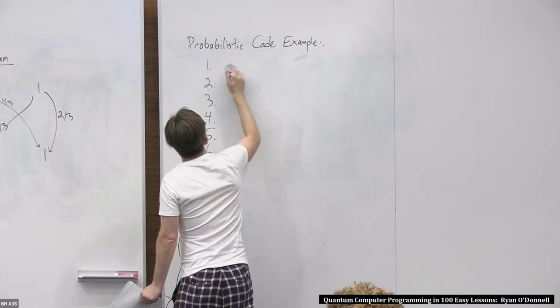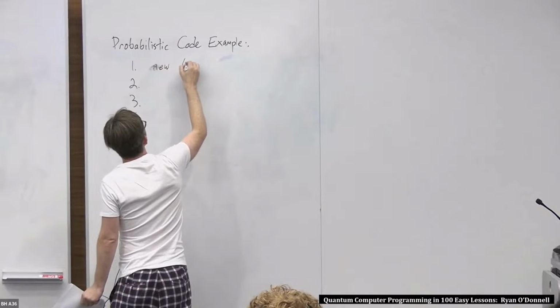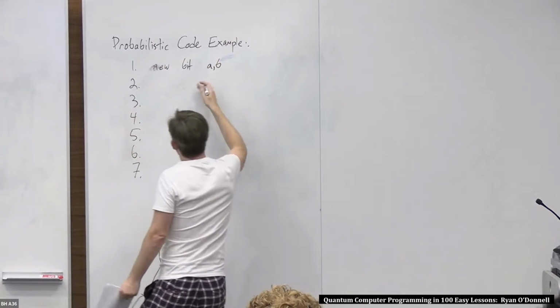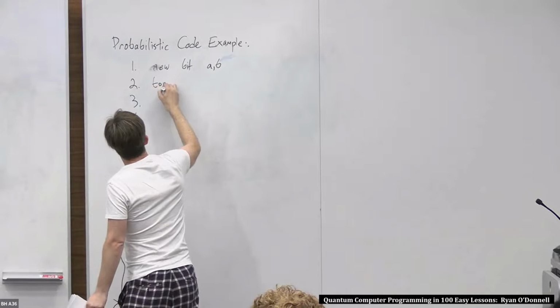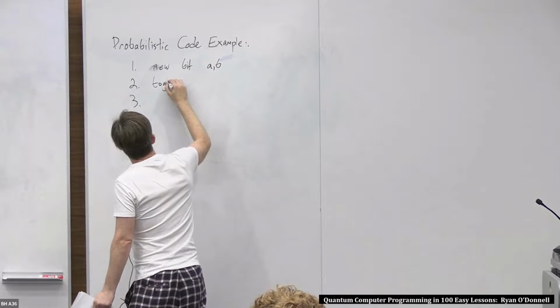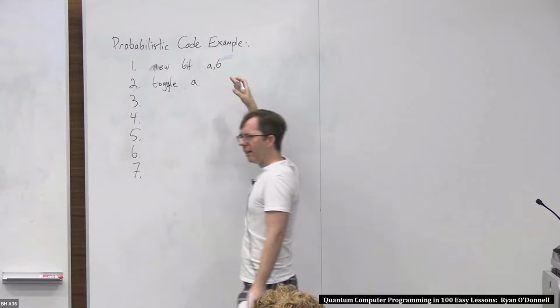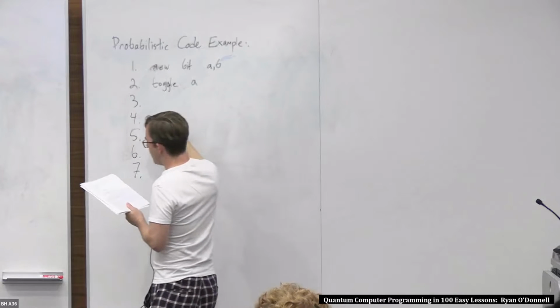It's just new bit A and B. I'll call my variables here lowercase a and lowercase b. Toggle A. I'm going to assume again that when bits are newly initialized, they get the value 0.